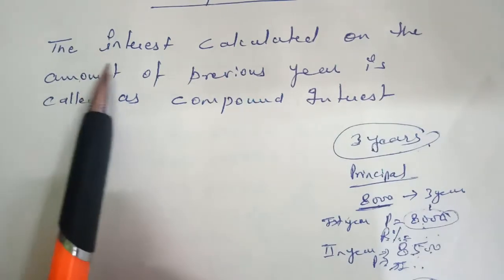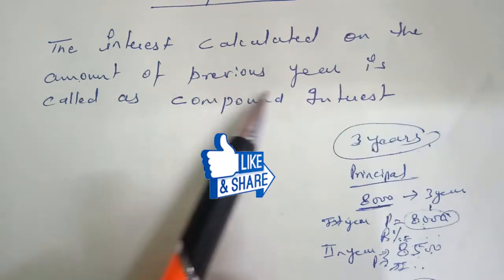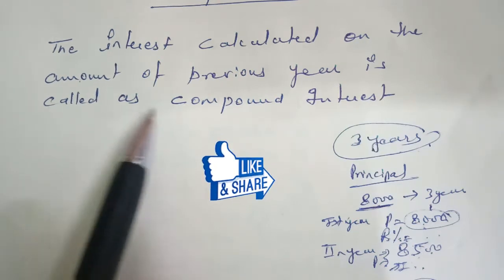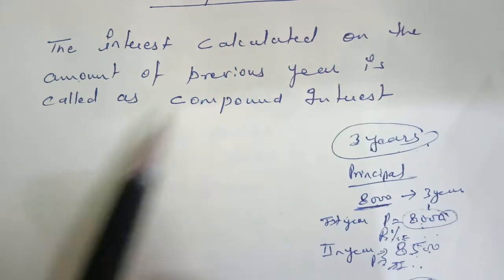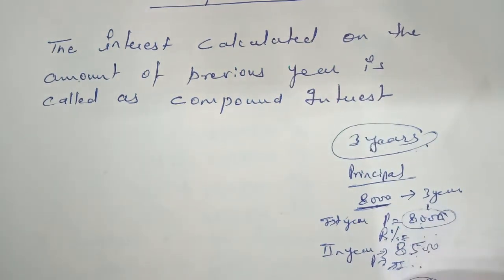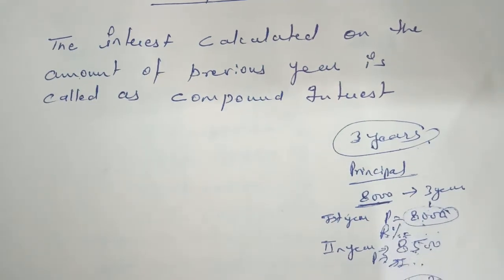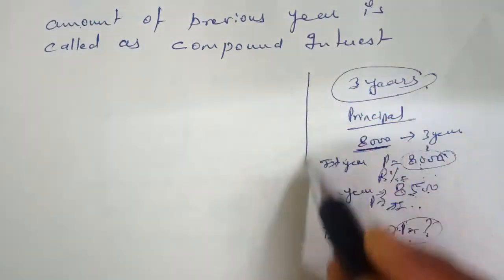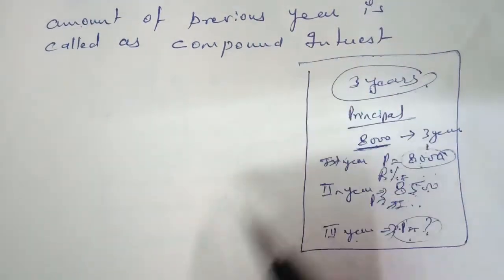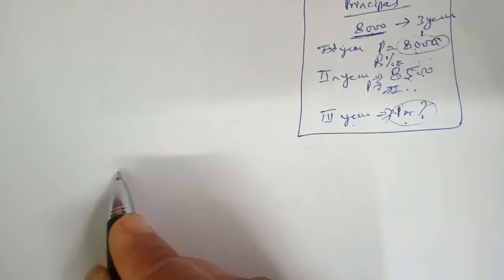This way we can say the interest calculated on the amount of previous year is called compound interest. Now compound interest is calculated in three ways depending on the time period.